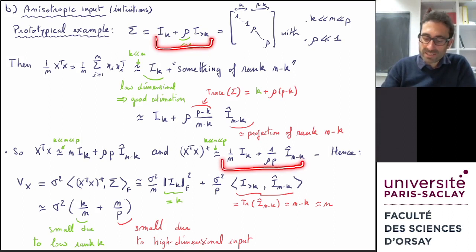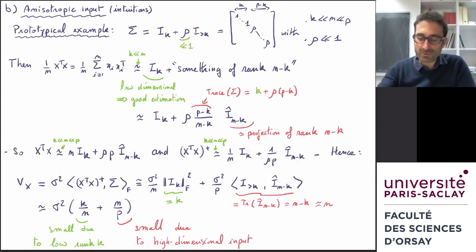But I remind you that this and this are orthogonal, this and this are orthogonal. So when I take the scalar product, first I will have the scalar product between these two terms. So this will be the norm of the identity divided by n. So I will have k for the square norm of the identity divided by n.